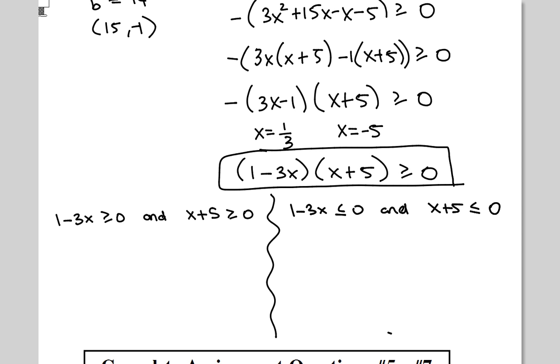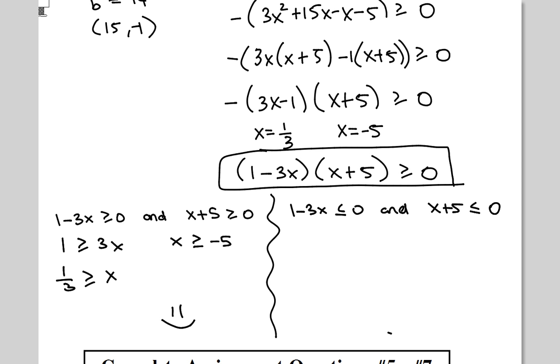Now you solve these and you look for contradiction. So the first one would be 1 greater equal 3x, 1/3 greater equal x, x greater equal negative 5. Is that possible? Can you be greater than negative 5 and less than 1/3 simultaneously?